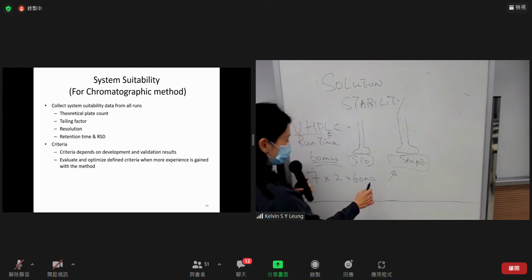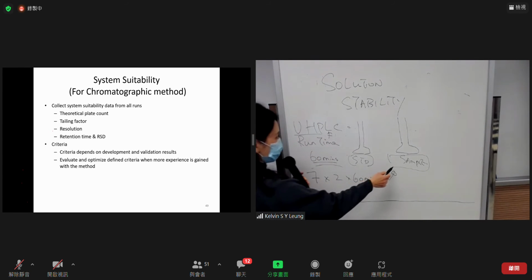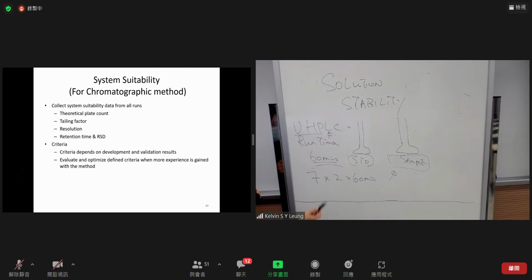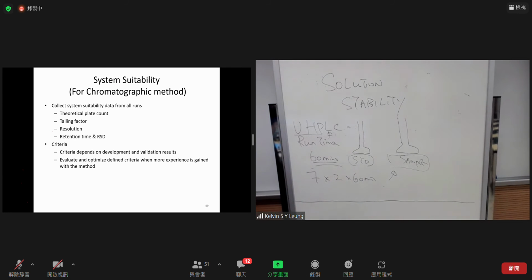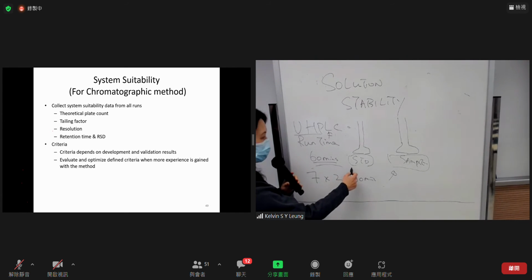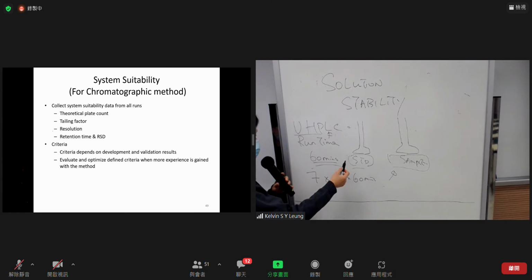How stable these solutions are, you don't know. So in the solution stability, you design an experiment to study how long your standard and samples can be kept. This is also good for you because you know better how stable the standard and the sample are, then you can prepare in advance.